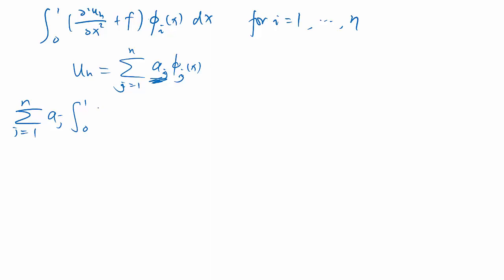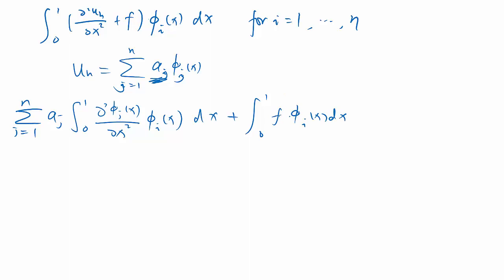Integration of a_j, partial square phi_j of x, partial x square, phi_I of x dx, plus integration of f times phi_I of x dx, this is equal to 0, for I goes from 1 to n. We have n equations, n unknowns. We can solve for them.